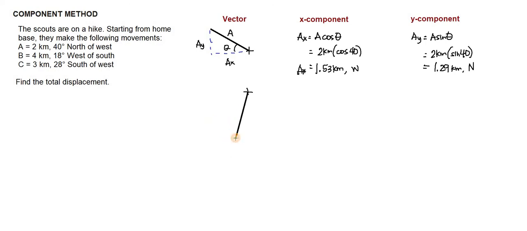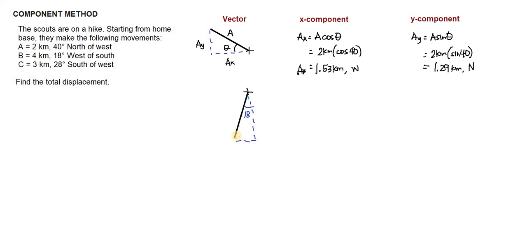So siguro ganito naman siya. Okay, draw natin yung magiging components. So if that's your west of south, attached to south yan. Okay, so ito yung magiging angle natin. This is your 18 degrees.